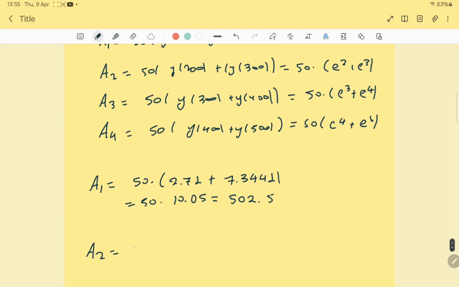A2 is going to be 50 times 2.71 raised to the power of 2 plus 2.71 raised to the power of 3.